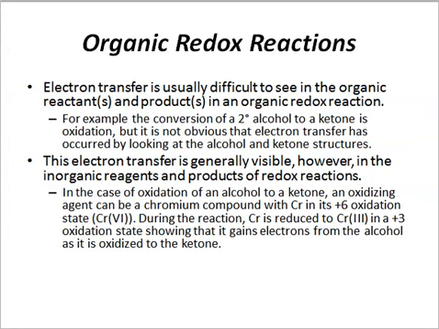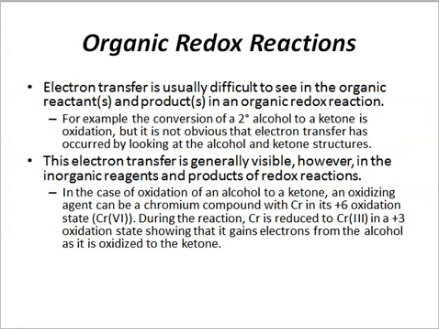For example, we take the oxidation of alcohol to ketone, and we know that to carry out this conversion, the reagent we use is normally a chromic compound, and chromium is in the +6 oxidation state. During this reaction, when the alcohol is being converted into the ketone, chromium is reduced from chromium 6 to chromium 3.